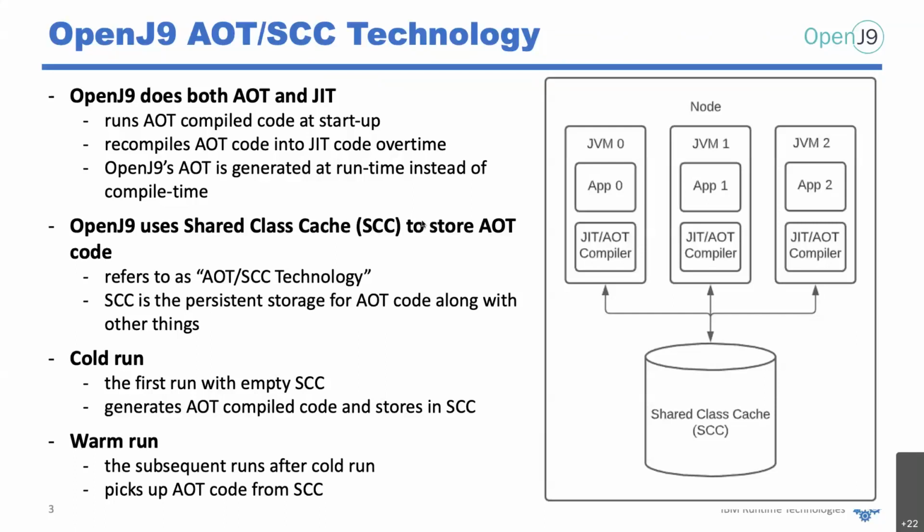Then JVM instances 1 and 2 can pick up the AOT compiled code from the SCC to get faster startup and ramp up performance. And what I just described is the workflow of OpenJ9's AOT SCC technology. I'll be using this term AOT SCC a lot throughout the presentation.